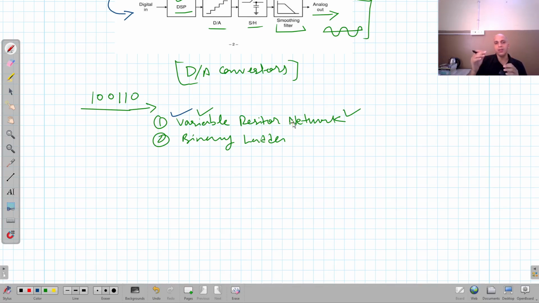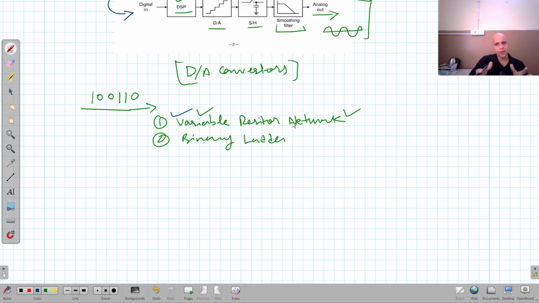And that network will do two things. The first thing is each resistor will be given a digital input, and that digital bit will be converted into the corresponding analog voltage. Then the outputs of all the resistors will be summed up and we will get the final analog output.